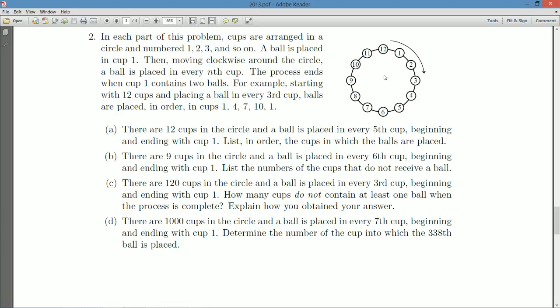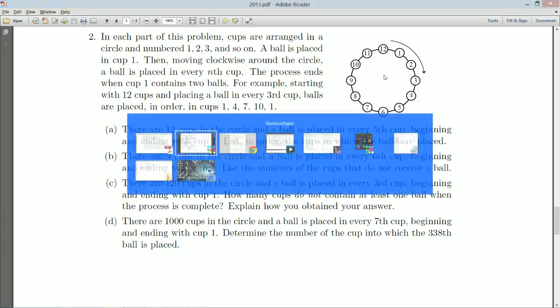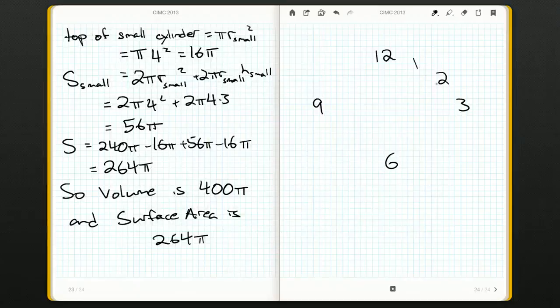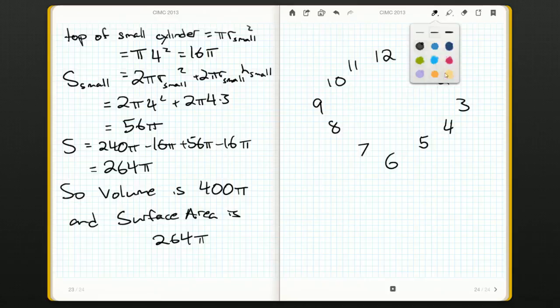So, list in order the cups in which the balls are placed, and we're going every 5th cup. 12, 1, 2, 3, should be a 9 over here, and then a 6 down here. Just working out the clock. 4, 5, 6, 7, 8, 9, 10, 11. It kind of looks like a diamond. It's not quite a circle. Alright, so let's get out a different color.